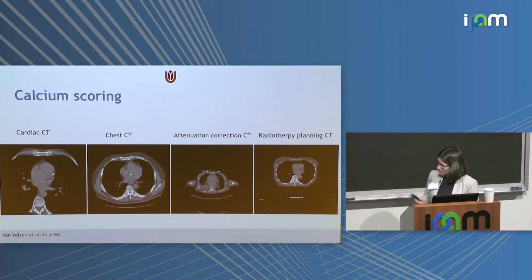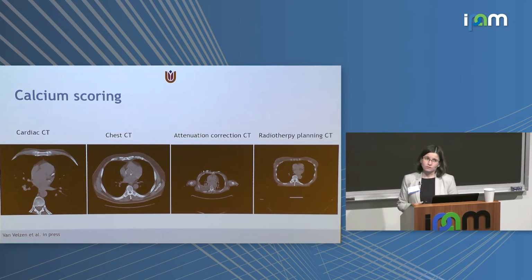And in the last column, you see scans that were made for radiotherapy planning in breast cancer patients. This is an interesting population because treatment of breast cancer, or any treatment of cancer, is cardiotoxic. And patients who survive breast cancer are increasingly having cardiovascular problems later.